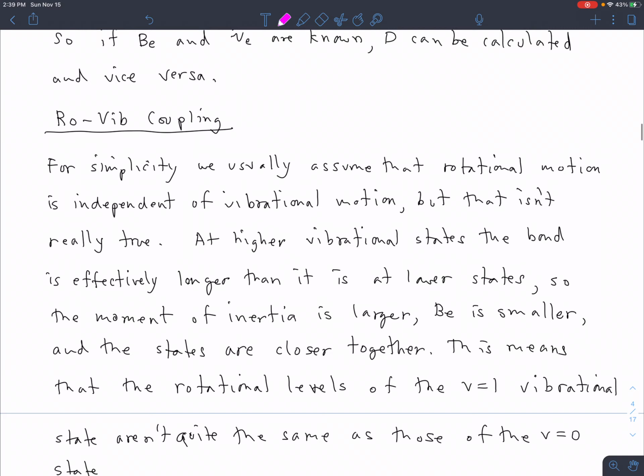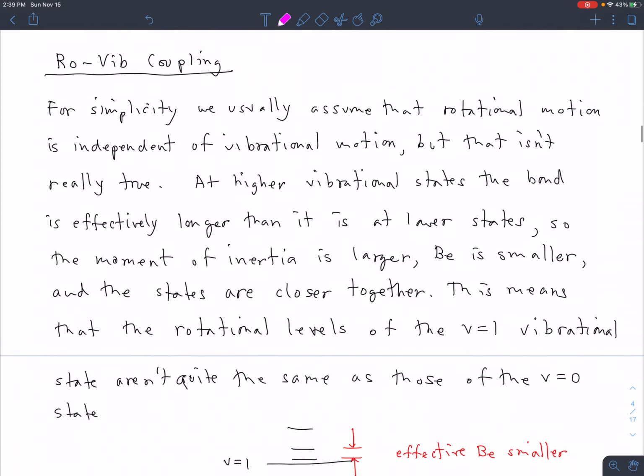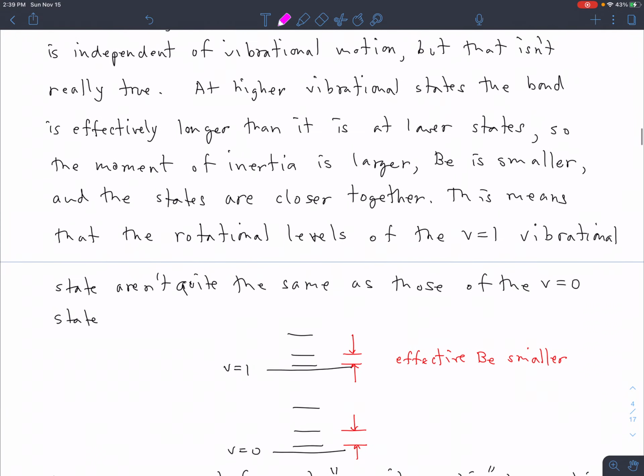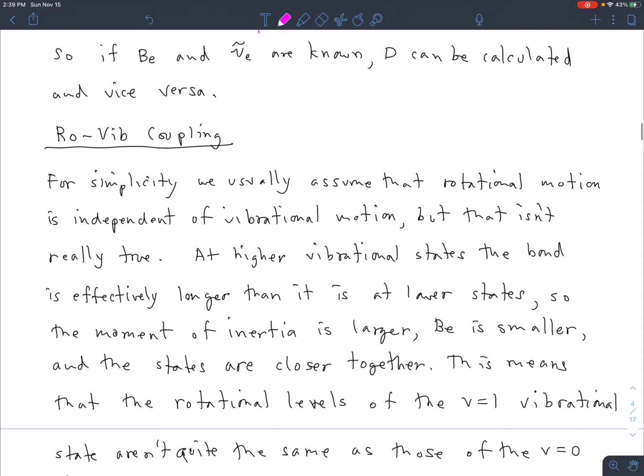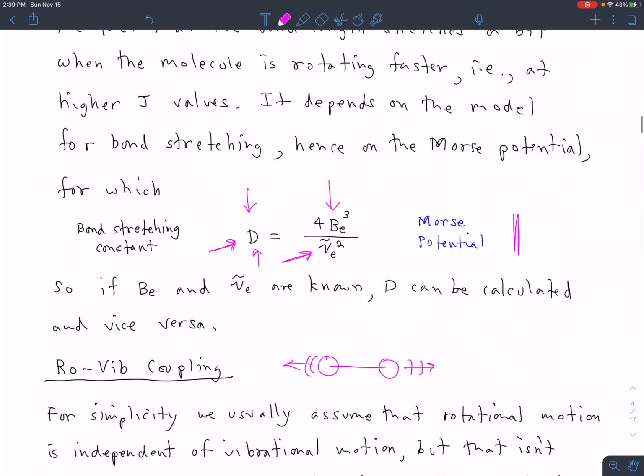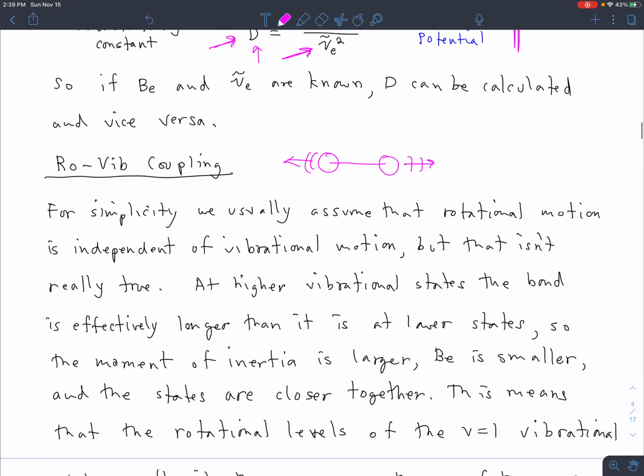Then there is another class of terms that we're going to add, and that has to do with the fact that if the bond stretches a little bit, then its moment of inertia changes, as we set up above, but that also, therefore, affects the rotations.